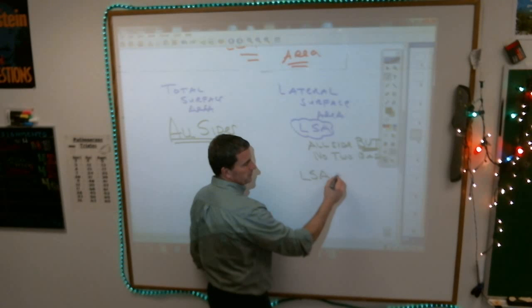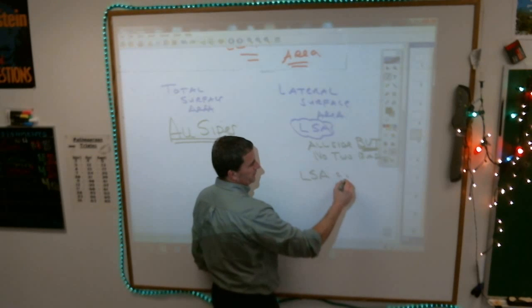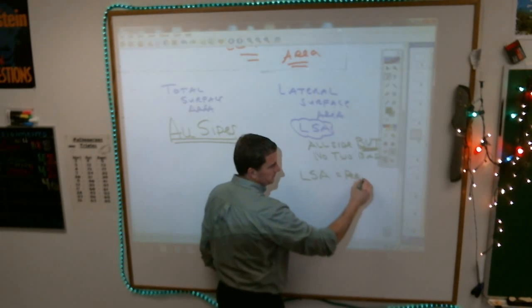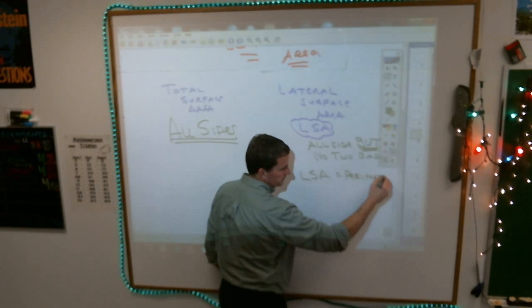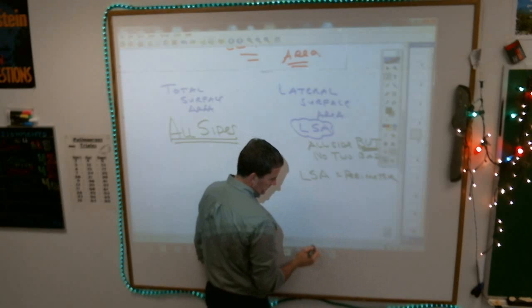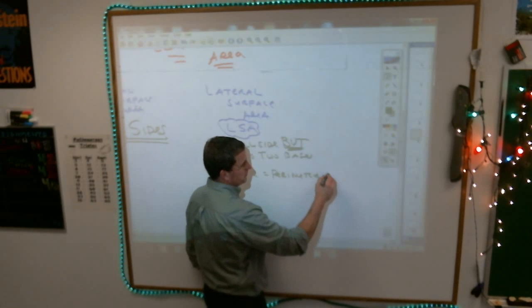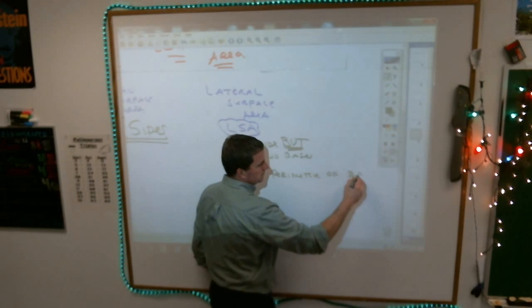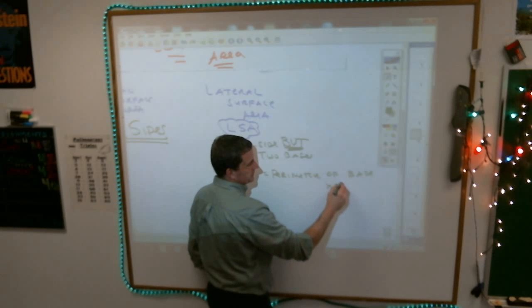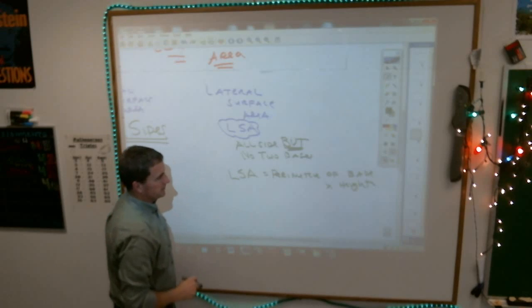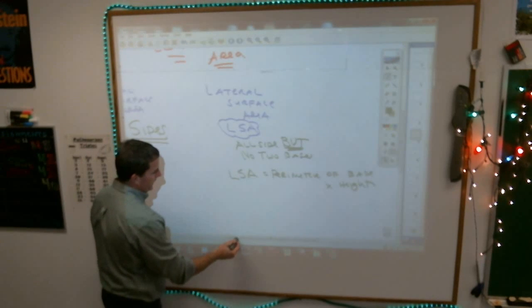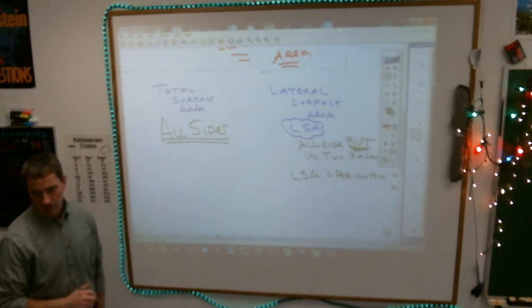The lateral surface area is the perimeter of the base times its height. Perimeter of its base times its height. And we will talk at length about both of these.